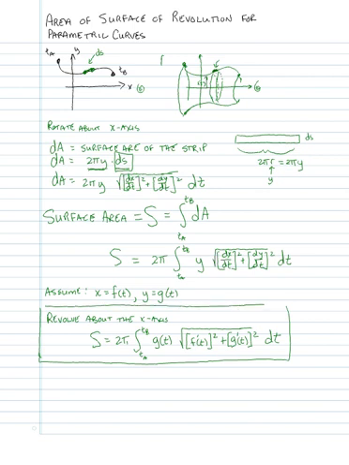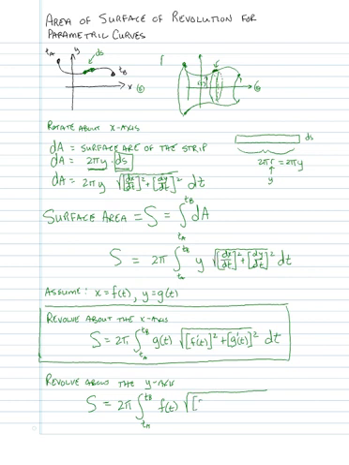That's the way it looks if we revolve about the x-axis. Now, we can go through the same arguments if we revolve about the y-axis instead. Then we'll get our surface area is equal to 2 pi times the integral from our first t value to our last t value, and instead of a y, we would have an x, and our x would be f of t. And then it would be the square root of the same thing.